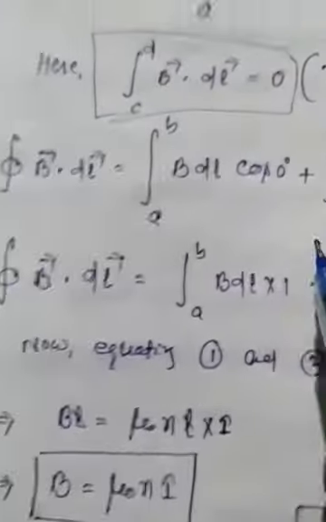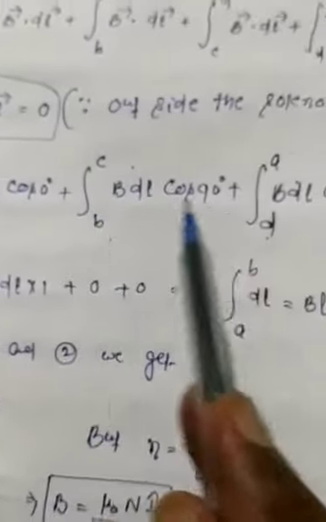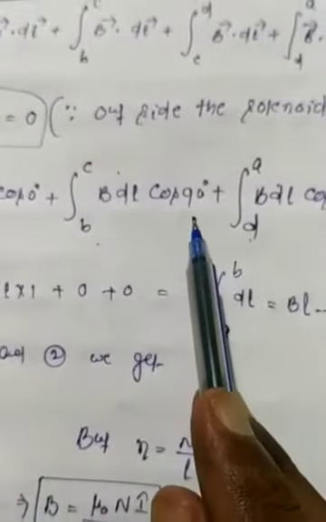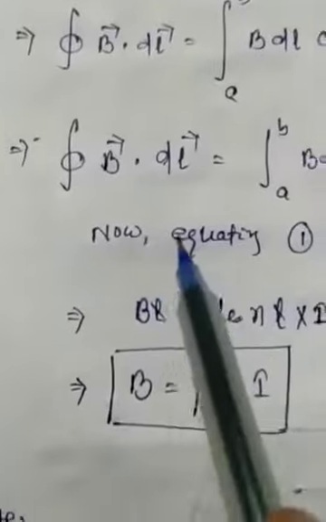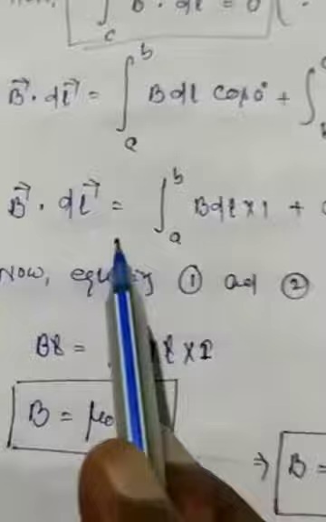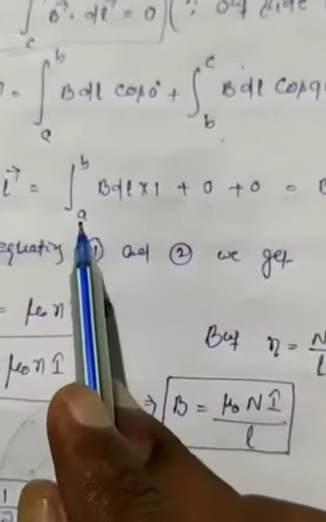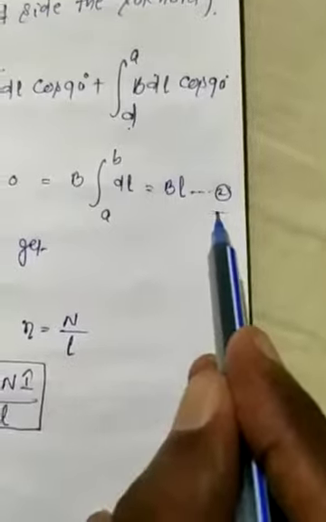For the same direction we can put 0 degrees. Perpendicular is 90, and cos 90 is 0. So the closed integral of B dot dl equals the integral from A to B of B dl into 1. This is your equation 2.